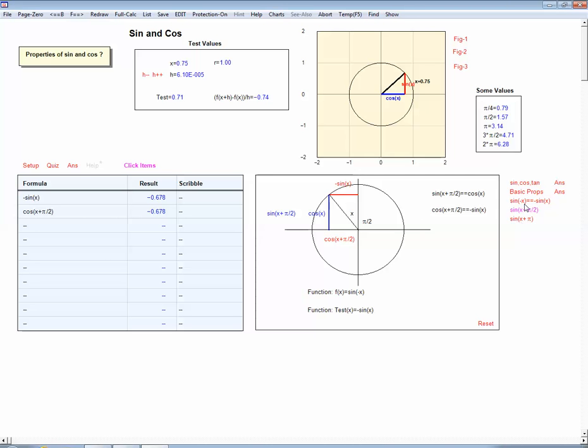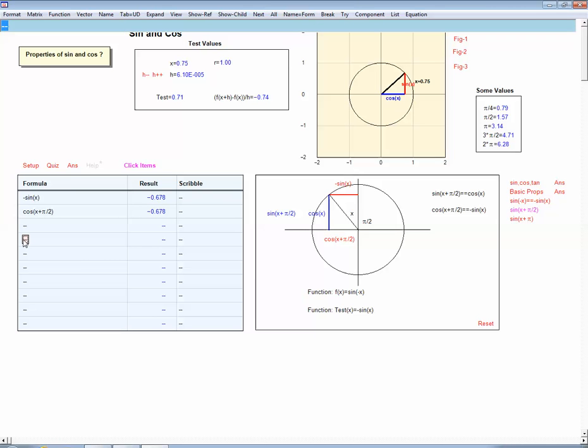All right, let's go on to our next basic property, which is, well, the cosine. You can say the same thing with the cosine. If this is x, then the cosine of x you can visualize as this little leg back here. The cosine of x is this, but that's the same as this up here, which is what we're calling the sine of x plus pi over 2.